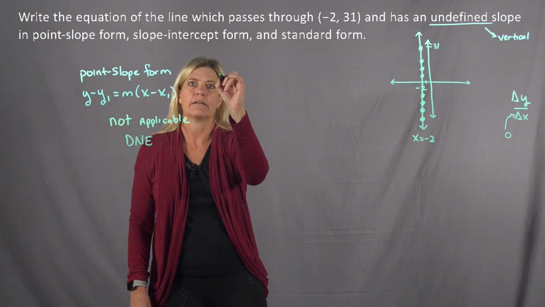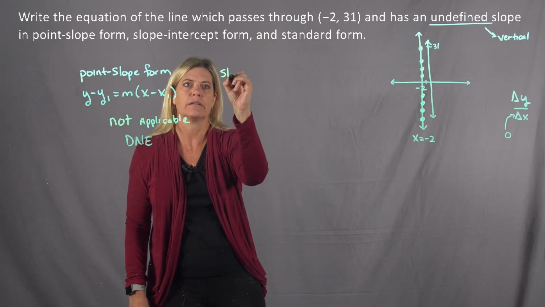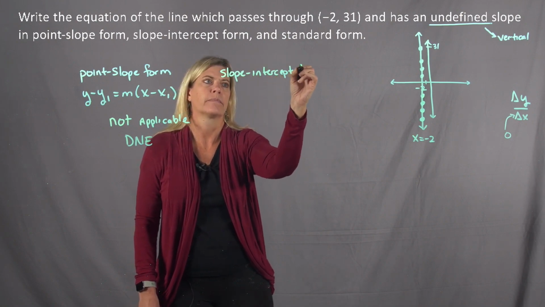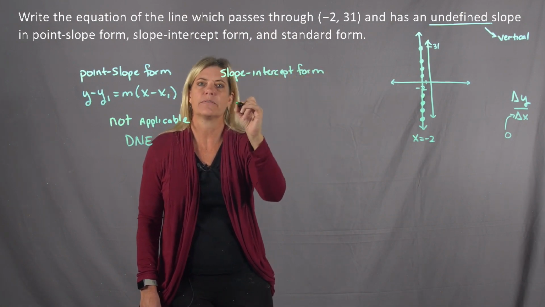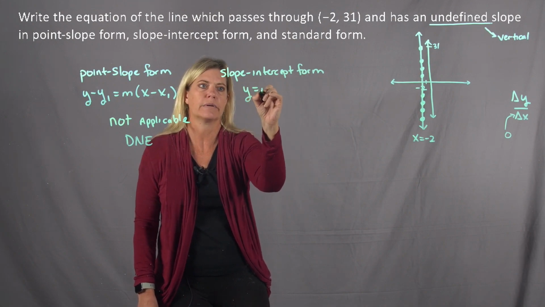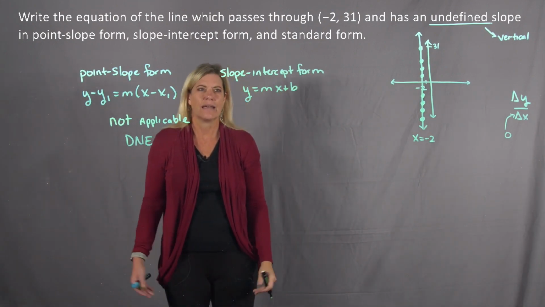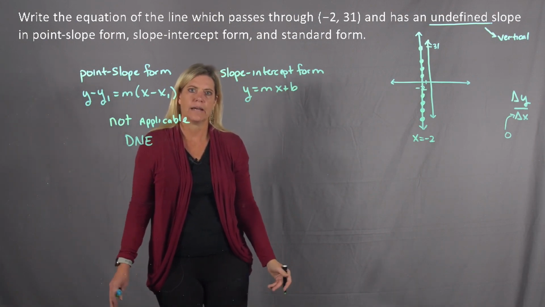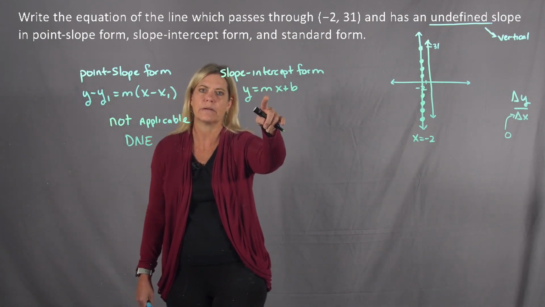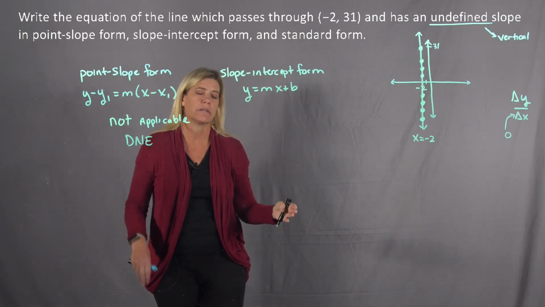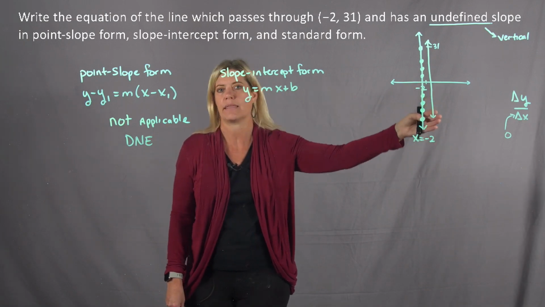All right, well, now you may be thinking, if we're trying to do that for slope intercept form, remember that's y equals mx plus b. Am I really in any different of a situation here? I still have to have a slope in order to write it in slope intercept form, and I don't. There's no defined number that can give me that slope.